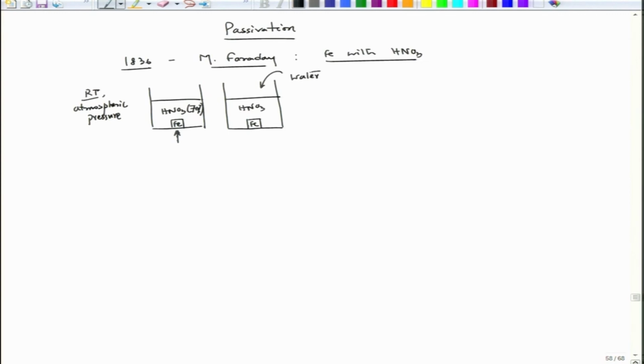When you add water, you are actually diluting it. When you dilute it, you would see that there is no visible effect, and if you keep measuring the weight of the iron with time, it does not change. So, there is again negligible weight loss.